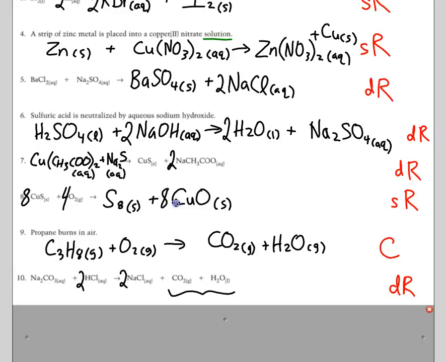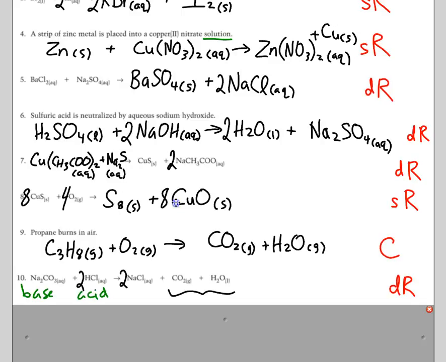So it does fit the double replacement category, and aqueous sodium chloride would be the product. This is also a little bit more like an acid-base type double replacement because the reactant sodium carbonate is a weak base and hydrogen chloride is a strong acid.